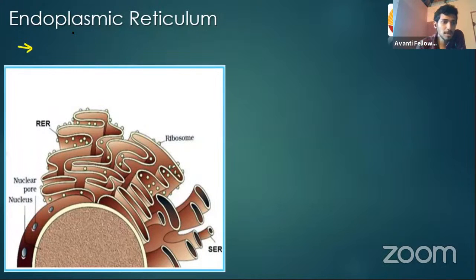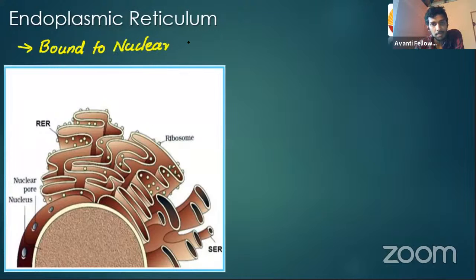The endoplasmic reticulum is bound to the nuclear membrane. So what are the other characters?